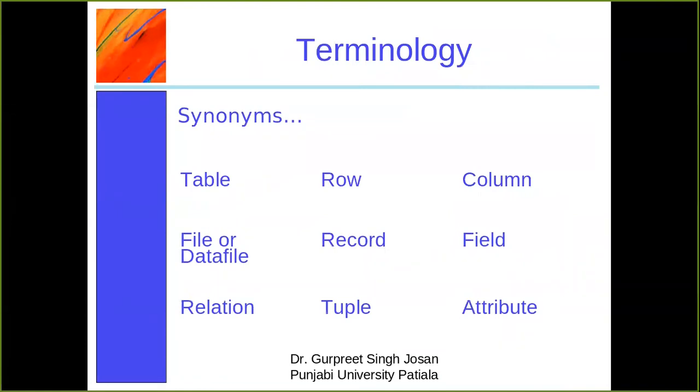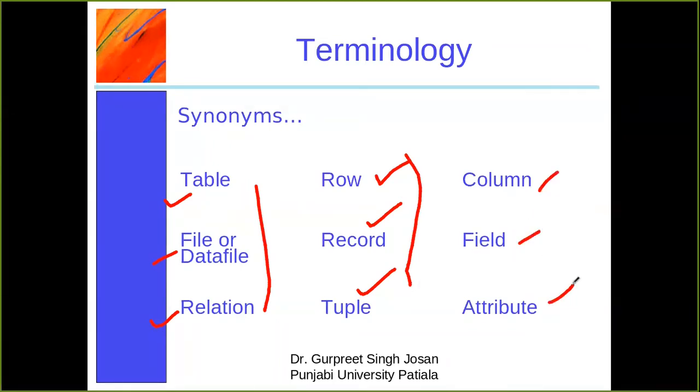There are some terminologies. These are some synonyms: table, also known as file or data file, also known as relation. All these are the same thing. Whether you call it a table, a data file, or a relation, this is one and the same thing. Rows, also known as record, also known as tuple. Tuple, record, row, all these are names of the same thing. Then column, field, attribute, all these are names of the same thing.